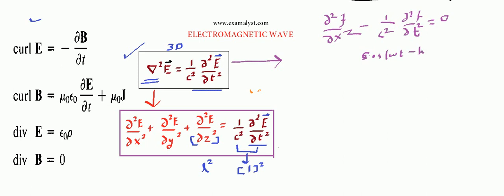In the 1D case, if you have an equation that says del square f by del x square minus 1 by c square del square f by del t square, then you got the solution of this equation in the form of sine, or you can even use cos. So let me use cos. What was the form? You got omega t minus kx.